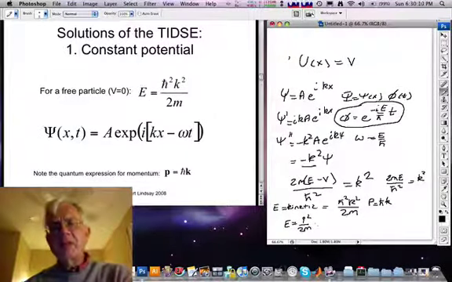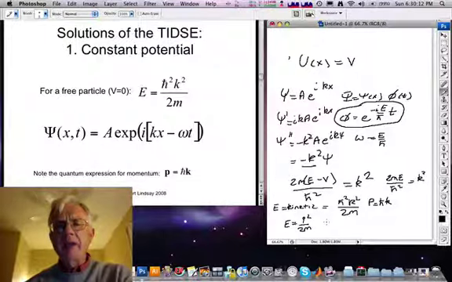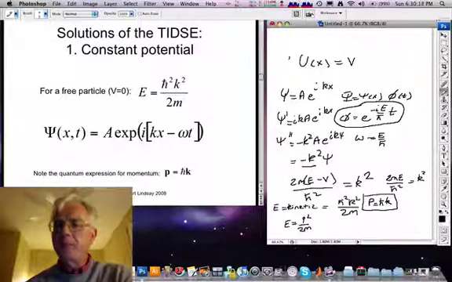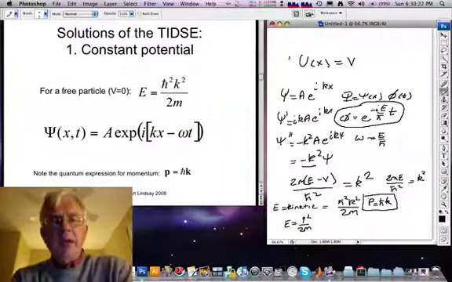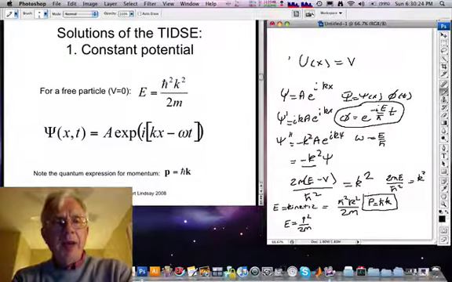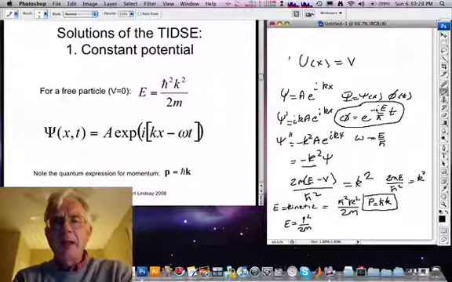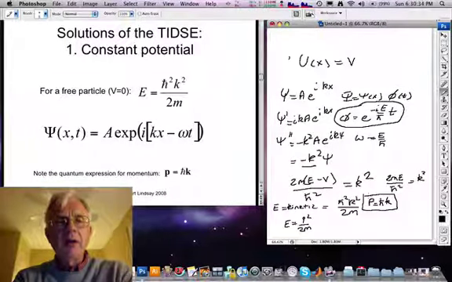But this is just the classical result, and indeed the quantum mechanical expression for momentum is just h bar k. So we see that in a constant potential, the wave function is just a plane wave, written out in the slide here, including the time-dependent part, and that the kinetic energy is given by p squared over 2m, the classical result, so long as p is h bar k.